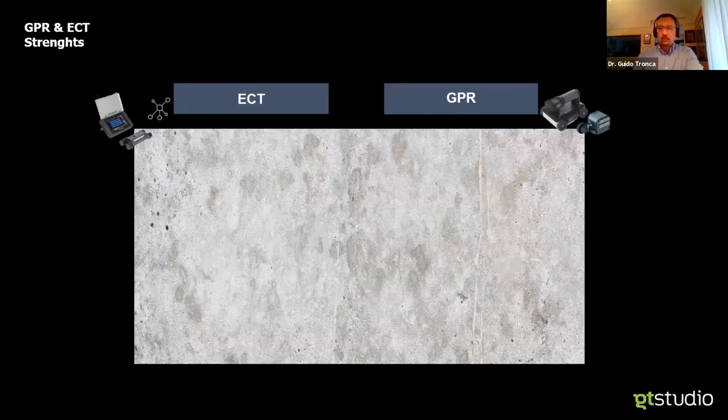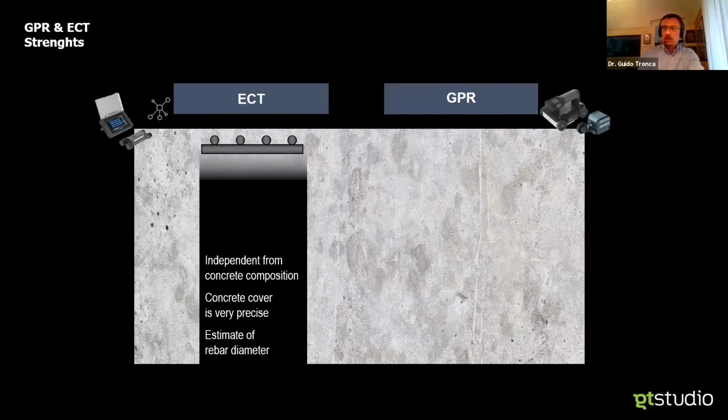Now, if I have to put down in four words the plus and the minus of both methodologies, Eddy Current is really totally independent from concrete composition. That's something that a user always likes. I don't have to set whatever parameters for the concrete being wet, new, old, dry. I will always get that short depth measurement.